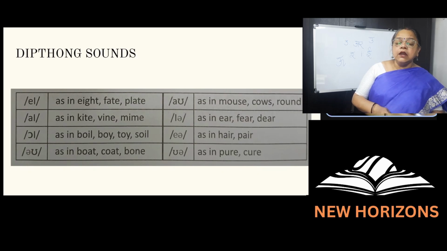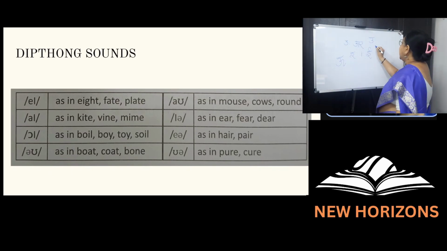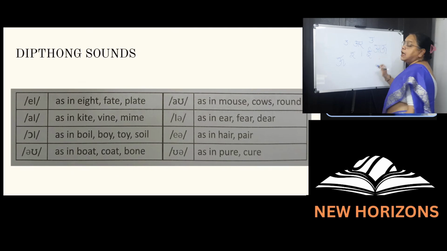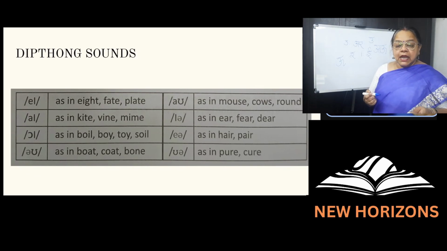The A and omega symbol gives out the sound ow: mouse, cows, round. And the one you mentioned, the inverted E and omega?